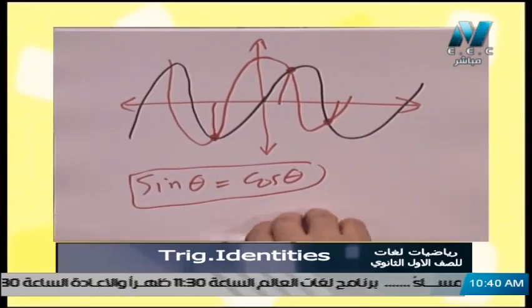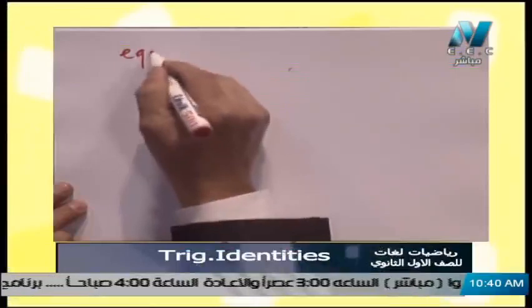Okay, let's move to some examples. You have to differentiate between them. It's important for you to differentiate: is it just an equation or is it an identity? The question is, which of the following are identities or equations?